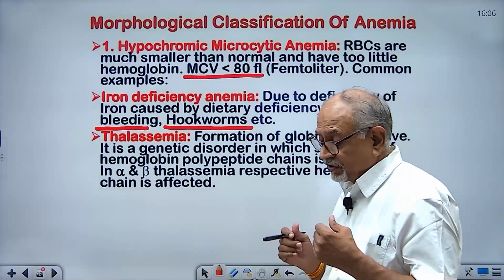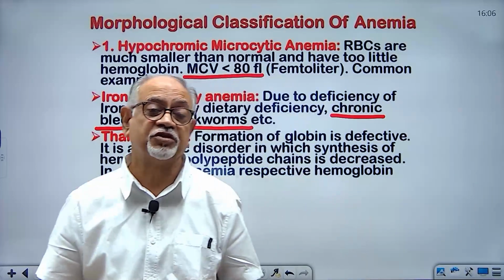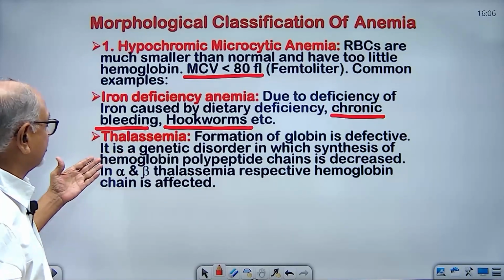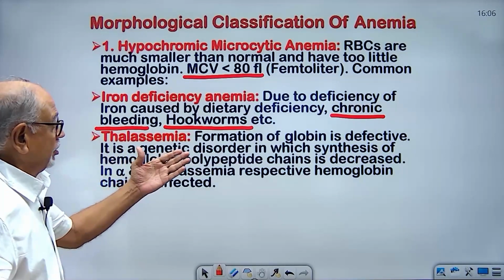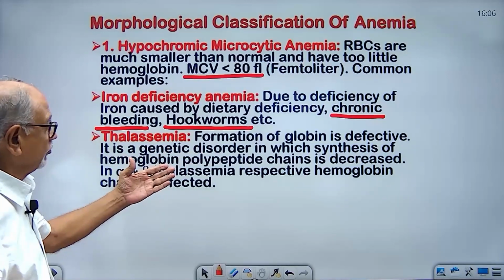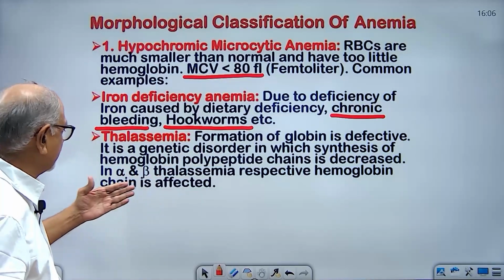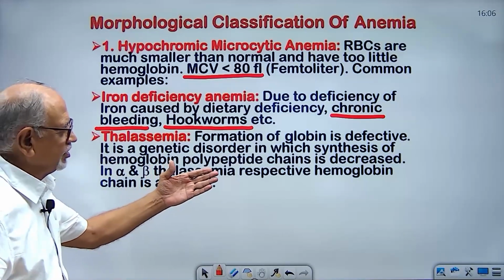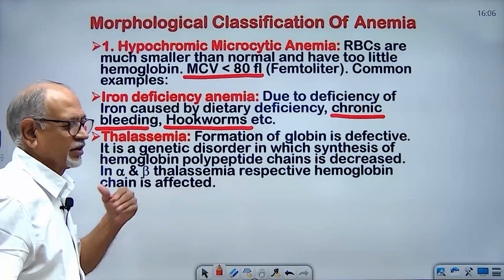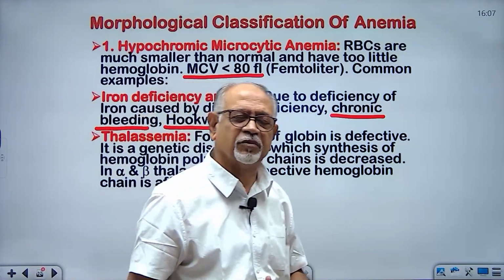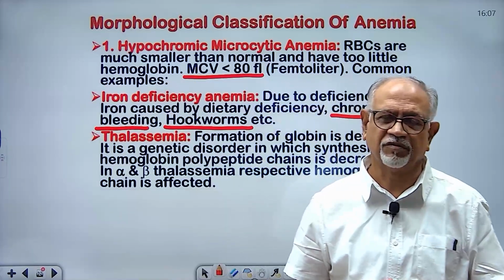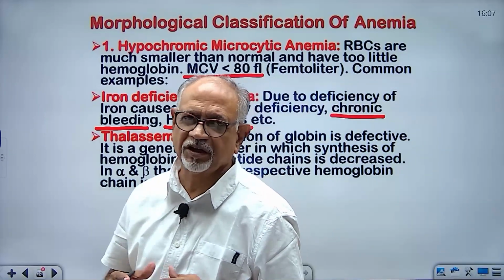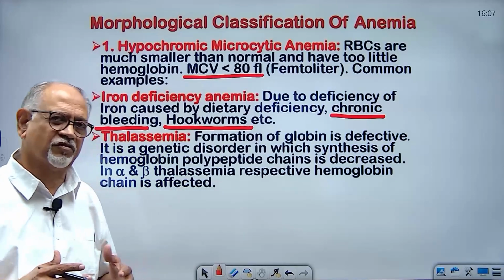Then in case of thalassemia, thalassemia is a genetic disease. Formation of globin is defective, in which synthesis of hemoglobin polypeptide chain is decreased in alpha and beta thalassemia. Respective hemoglobin chains are affected. In case of alpha thalassemia, alpha chain is defective. In case of beta thalassemia, beta chain is defective, and due to that deficiency of blood occurs.